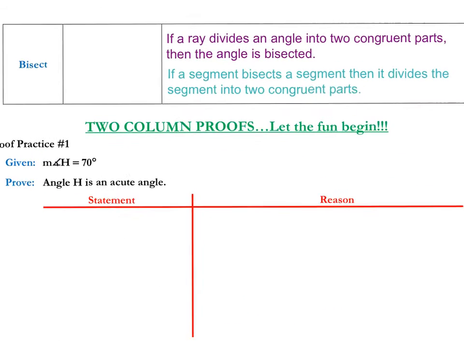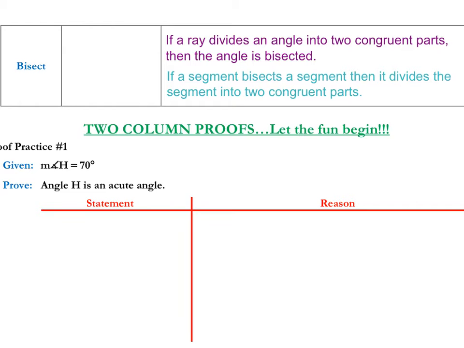And on the last page, we have if a ray divides an angle into two congruent parts, then we say that the ray bisects the angle. Let's redraw this. If a segment bisects a segment, then it divides the segment into two congruent parts. And both of those are also reversible.